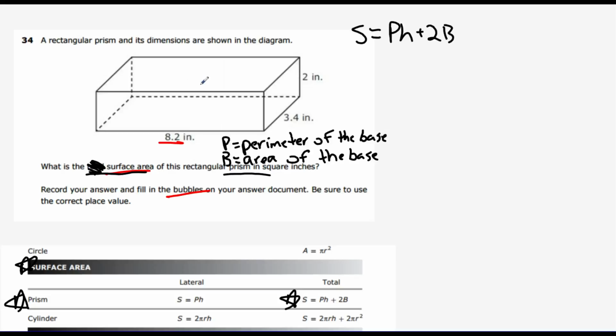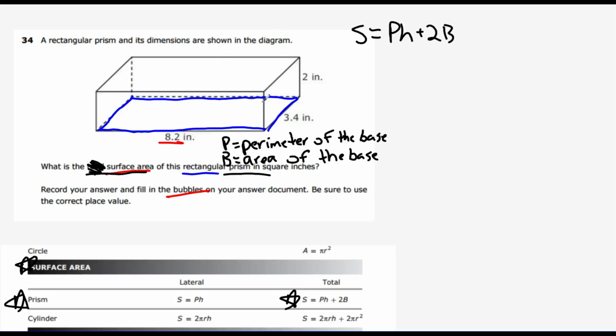So first thing we gotta do is figure out which shape is the base. Keep in mind I didn't say which number is the base. Please don't tell me the base is 8.2. The base is a shape. And since it's a rectangular prism, the base gets to be some rectangle. Now we can pick any of these because a rectangular prism is all rectangles, but let's keep it simple and say the base is the bottom.